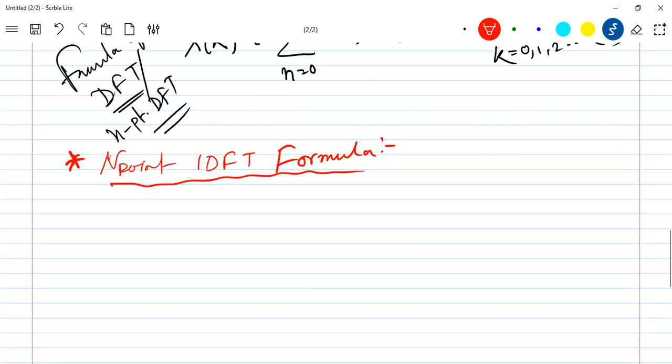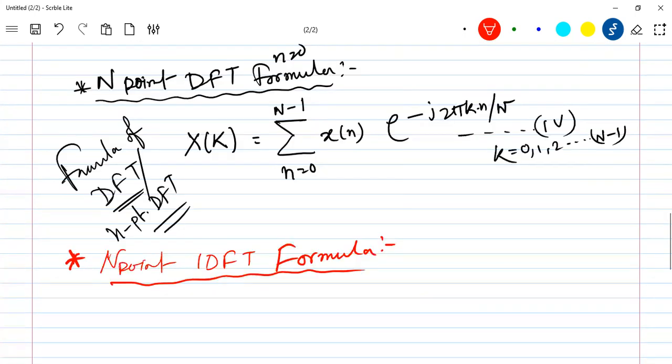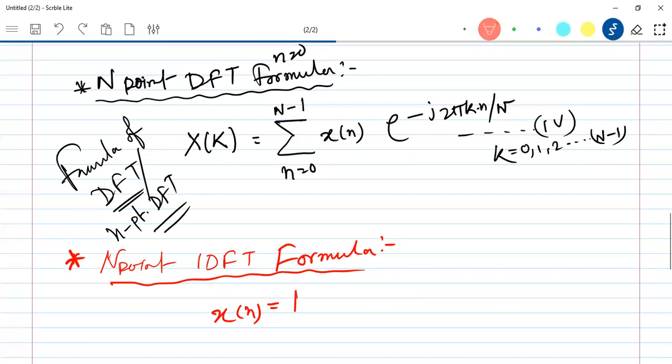So anyone guess what I am writing from the DFT formula to the IDFT formula? What do we expect as the output? Inverse means what I am writing on the left side. Exactly, we are finding the discrete time domain signal, isn't it? Yes. So what do we write next? Yeah, 1 by N summation.